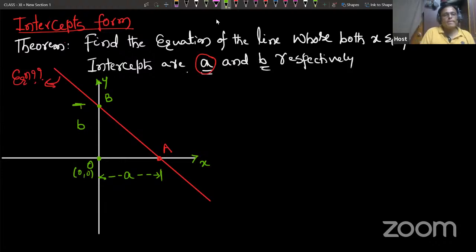Y intercept is B. That's all. So proof, look at here.